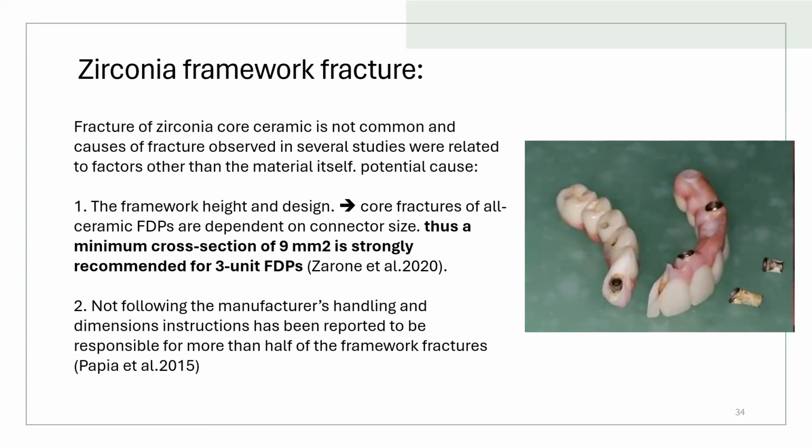The recommended size of the connector is 9 square millimeters, which is the bare minimum, strongly recommended for 3-unit FDPs made of zirconia, bilayered zirconia. And even monolithic zirconia is still associated with such fracture if the connector is small.